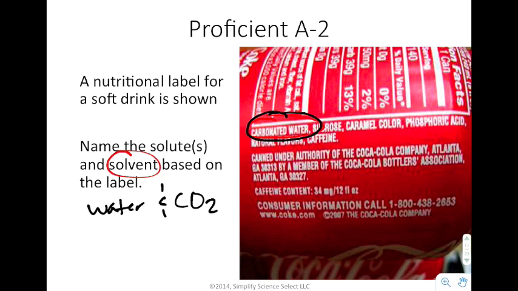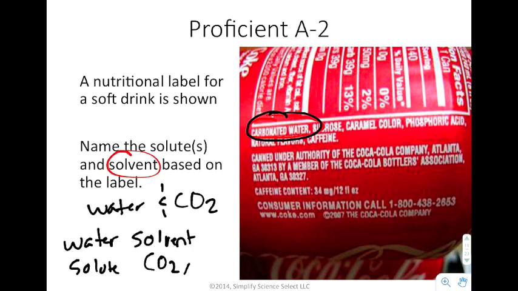So the first thing we're going to do is say water is the solvent. We're going to say that we dissolve CO2 in water. So we're going to classify water as the solvent. The reason why? There's more water than there is CO2. The second thing we need to do is start to list some of the solutes. The first solute that I'm going to list is CO2. But then you could also add sucrose, which is just another name for sugar.